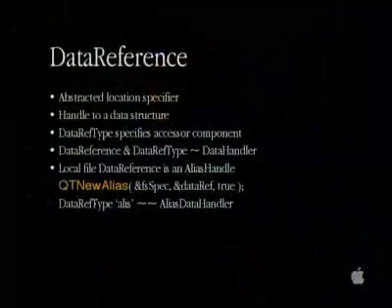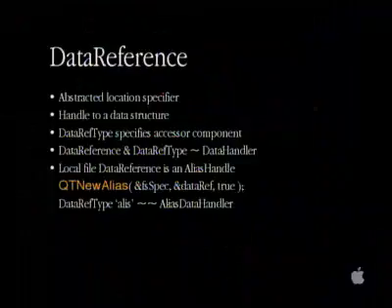A data reference is a handle to a data structure. The data ref type specifies the accessor component that is required to read that data source. Therefore, a data reference specifies location, and a data ref type specifies the accessor.